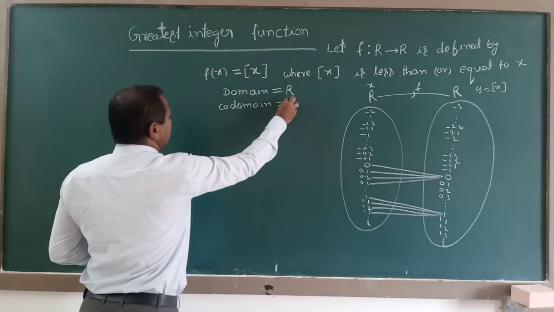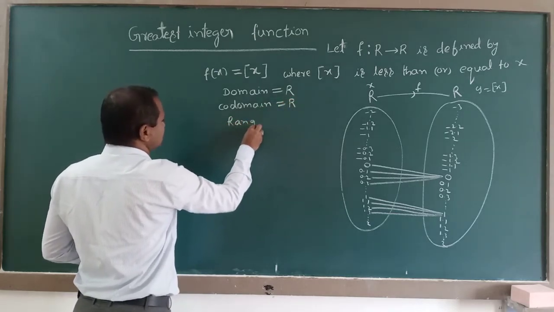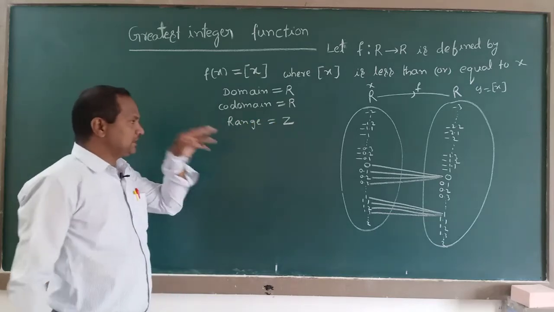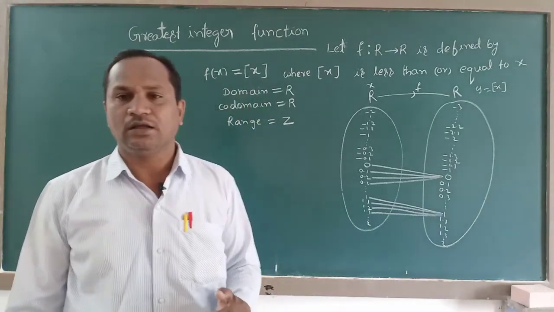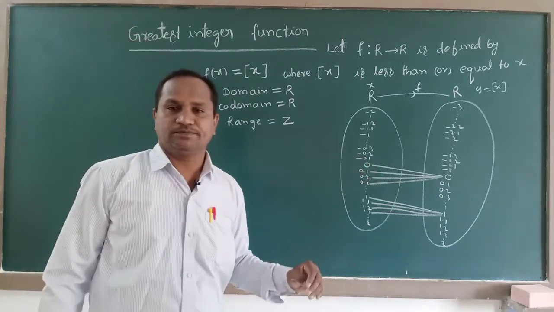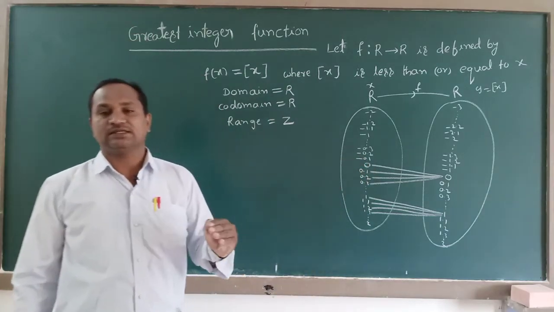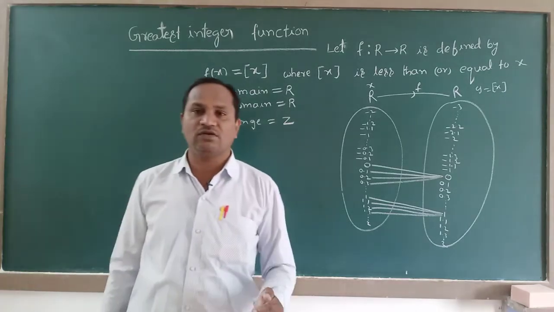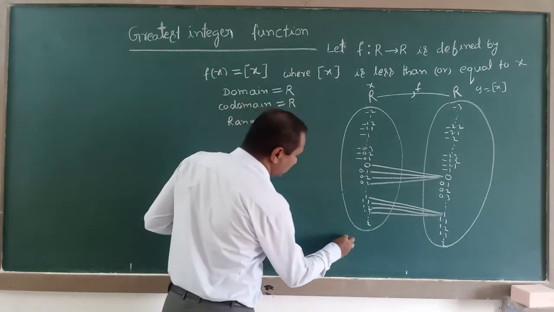Range is equal to Z, where Z means the set of all integers. Generally we represent the set of all integers by the letter Z. Capital R is the set of all real numbers.